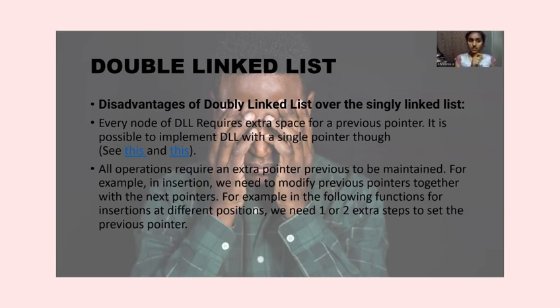All operations require an extra previous pointer to be maintained. For example, in insertion, we need to modify previous pointers together with the next pointer. For example, in the following function for insertion at different positions, we need one or two extra steps to set the previous pointer.